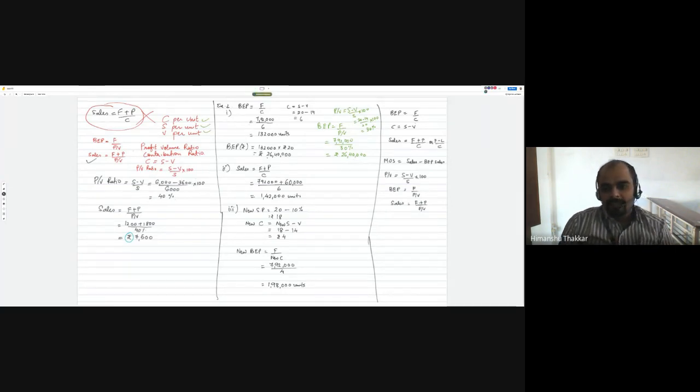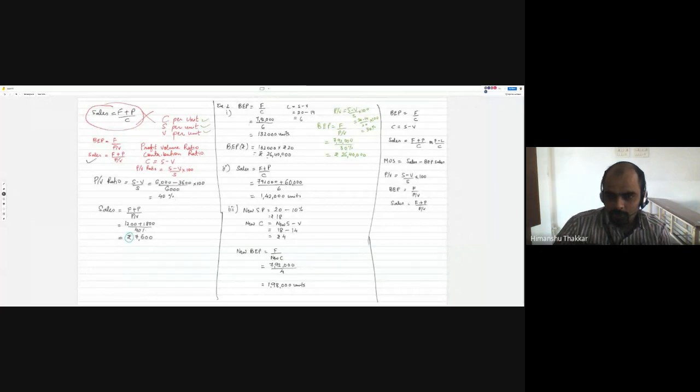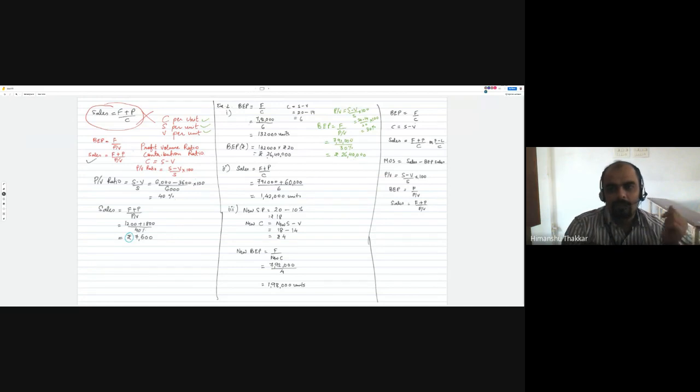Okay, so I guess you are getting a grip of what we have done so far. In this chapter, what we have learned so far is the basic formula of BEP, that is F upon C. The answers will be 6,000 for point number 1 and 7,000 for point number 2.